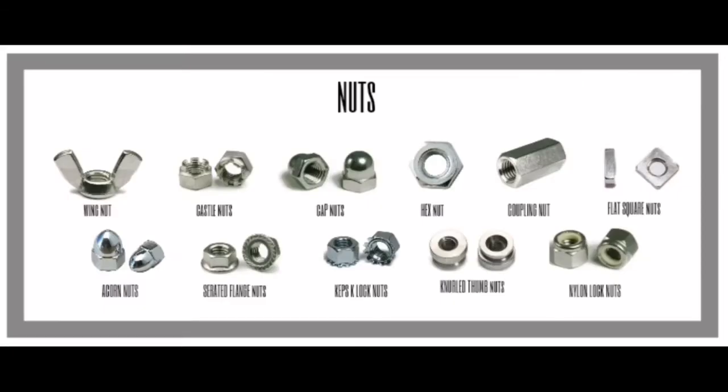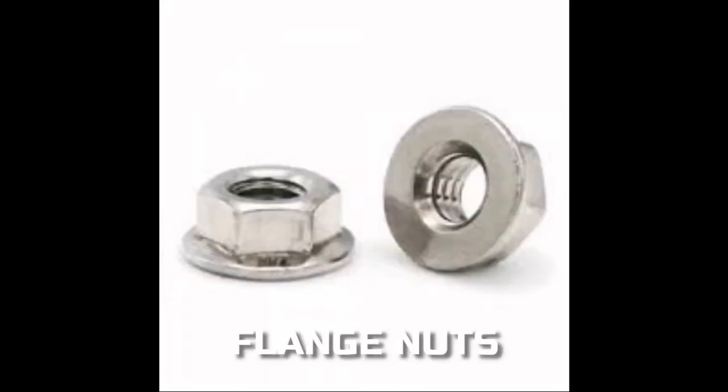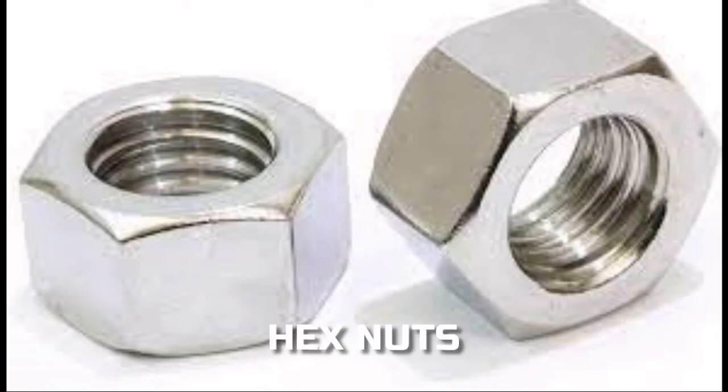Next are some of the most popular types of nuts and their designs. Coupling nuts. Coupling nuts are hex-shaped and join two male threads together. Flange nuts. Flange nuts have a wide serrated flange on one end that serves a similar function as a washer but without any added movement. Hex nuts. Hex nuts are the most common variety, featuring a hex shape and internal threads.